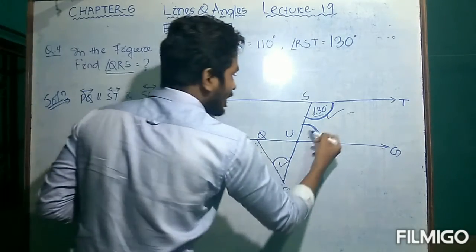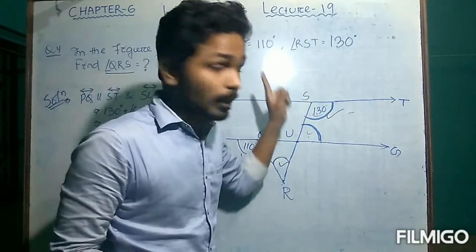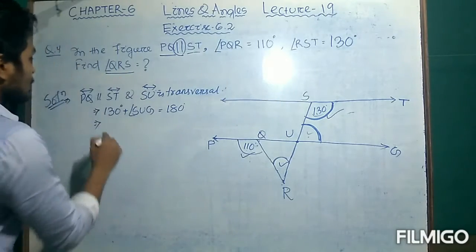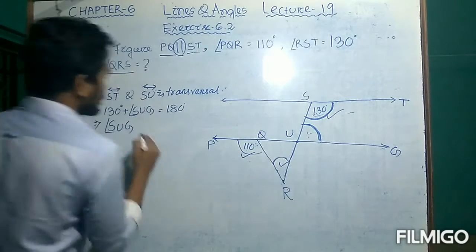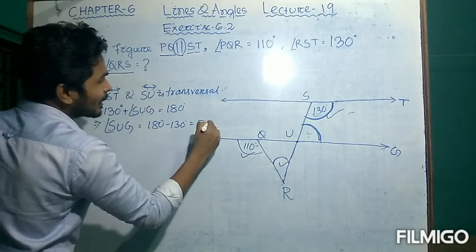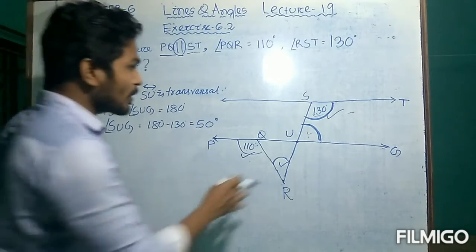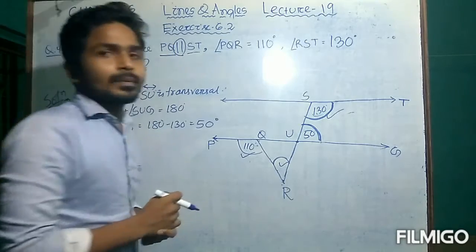Understood? These are the two co-interior angles, and the pair of co-interior angles add to give 180 degrees according to theorem number 6.4. So here we can find the value of the angle SUG. SUG is equal to 180 degrees minus 130 degrees, which is how much? 50 degrees. So the value of this angle is 50 degrees.